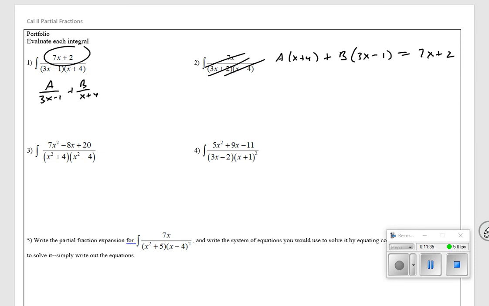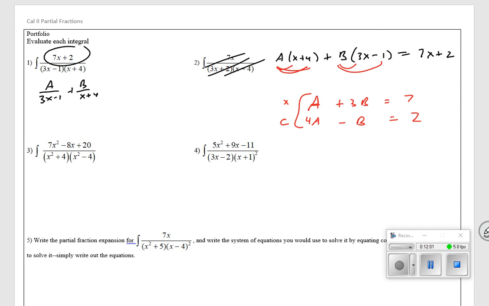Now let's equate coefficients. I'm going to have 1a for my x's and 4a for my constants. I'm going to have 3b for my x's and negative 1b for my constants. And that's going to equal 7 for my x's and 2 for my constants.